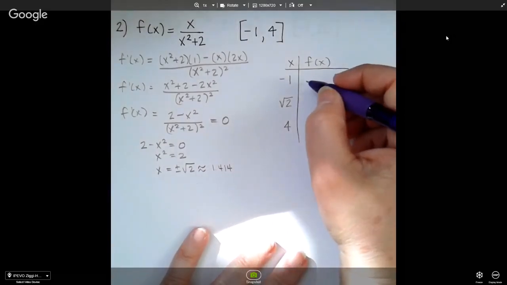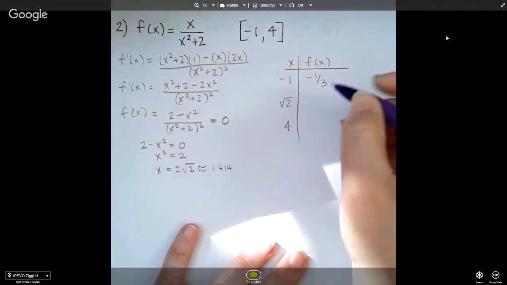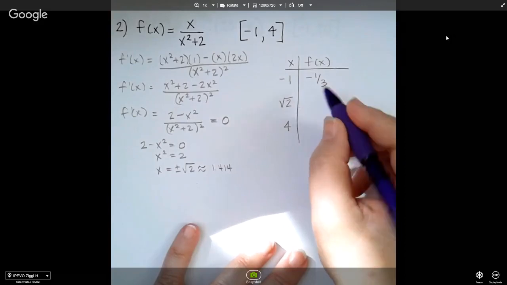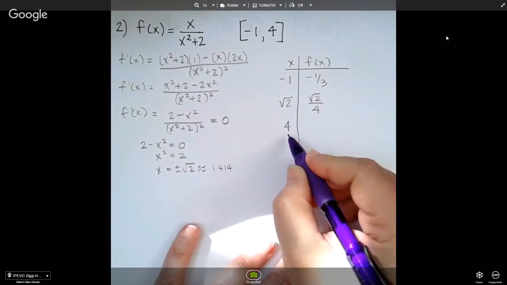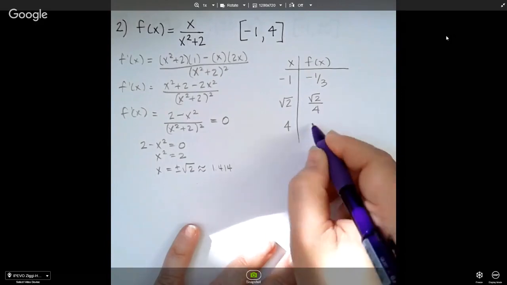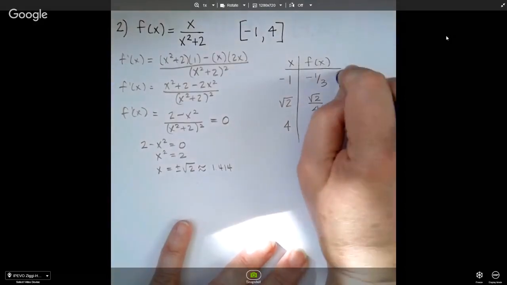So when I plug in -1, I've already done the liberty of finding out that that's -1/3. And when I put in the square root of 2, I get the square root of 2 over 4. And then when I plug in 4, I get 2/9.